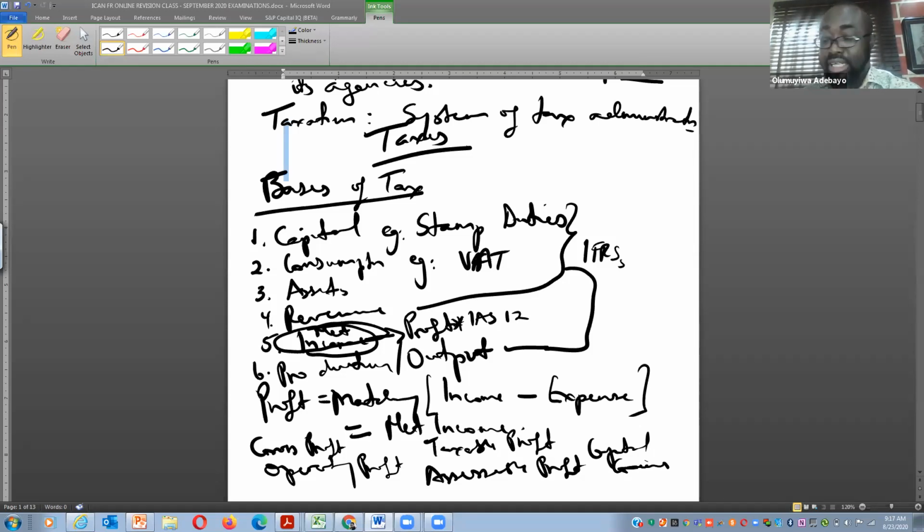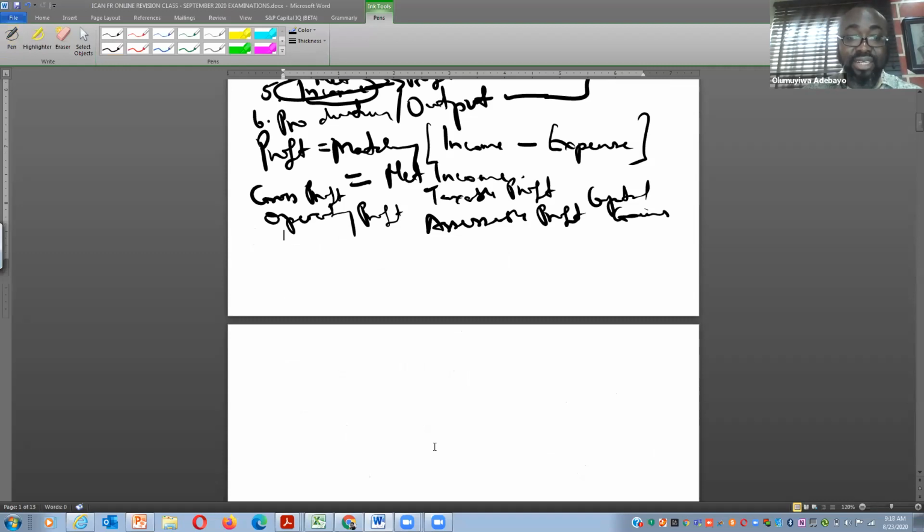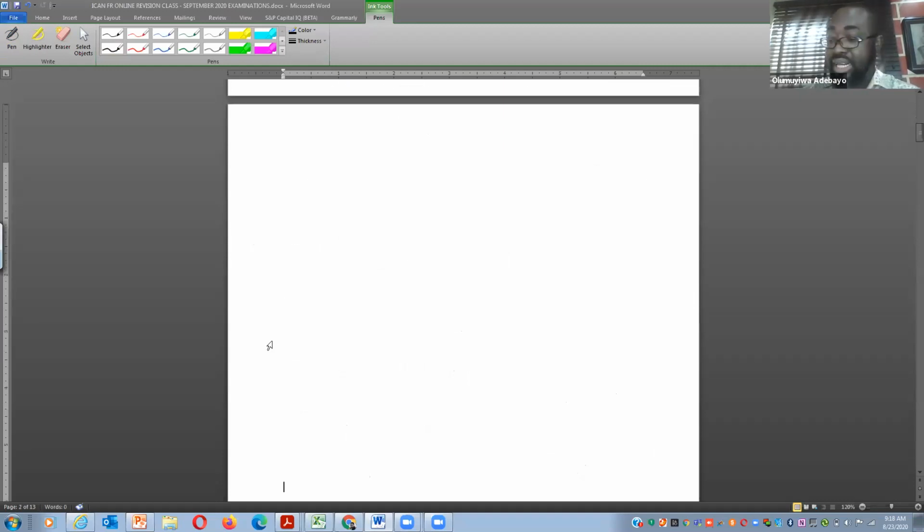And that now presupposes that we should look out for what are the examples of taxes in Nigeria. Now, I want us to call them one by one based on what is known to us, and let's try and discuss it. Now, let's look at examples of taxes in Nigeria.